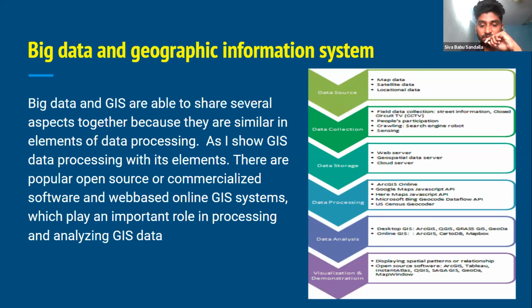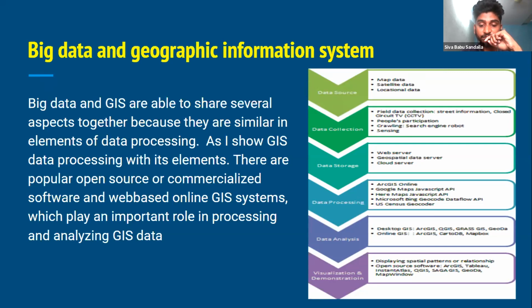First, GIS uses data that contains location or space, therefore it displays in a map or picture form. Recently, aerial or satellite data have become more and more important as new techniques are introduced. As location-based data, GIS data is usually large in size, as is big data.